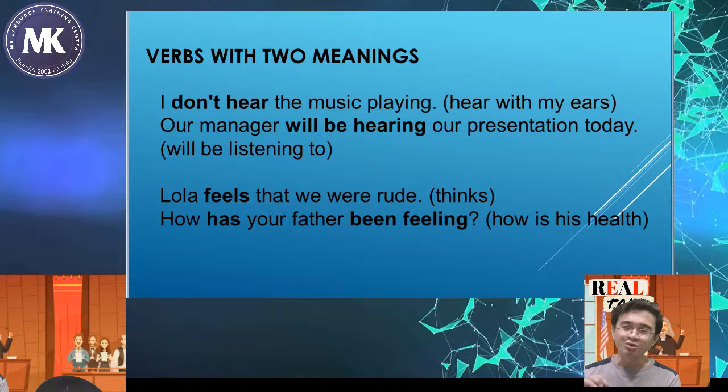So it's also impossible to change it into a be verb. In some situations it's possible, but here we can't. So we can say Lola feels that we were rude. So feels here means thinks. This one belongs probably to sensing verbs, or we can also say it belongs to emotion and thought verbs. So it is a stative verb.